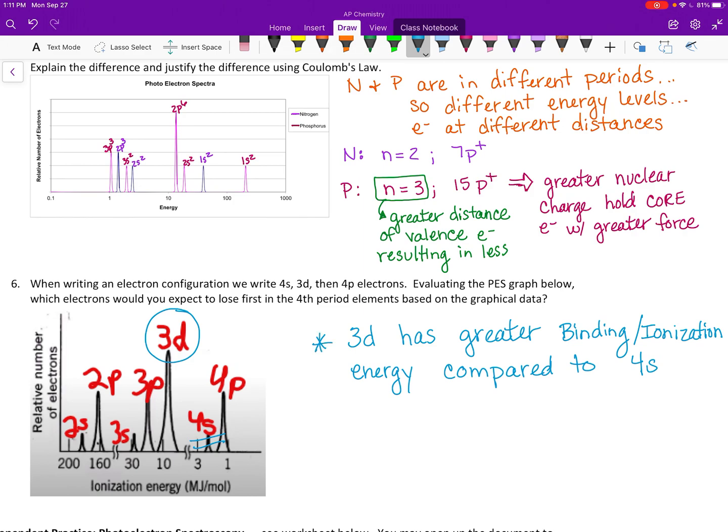And so one of the things that we know is that for a lot of those transition metals, okay, those transition metals lose the 4s electrons before the 3d electrons.